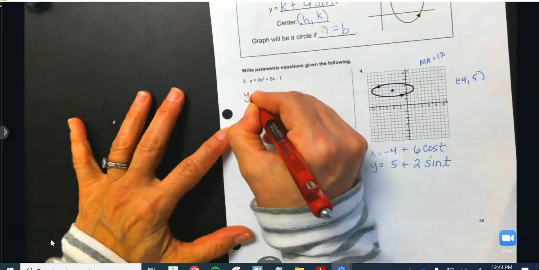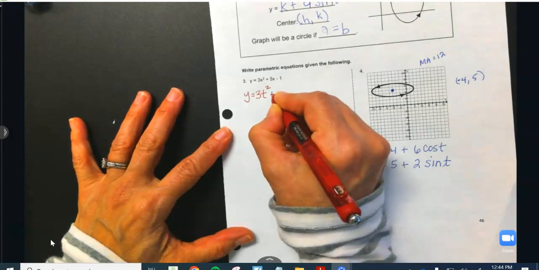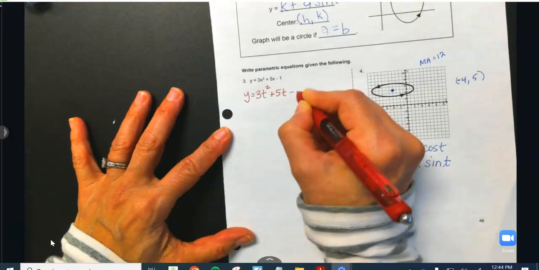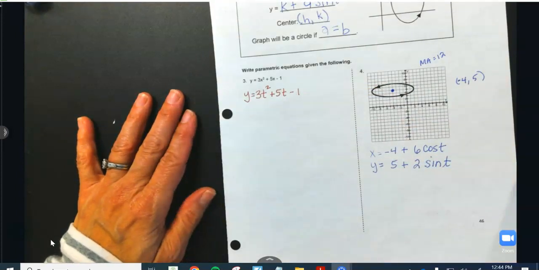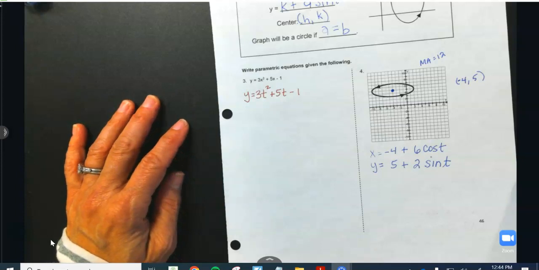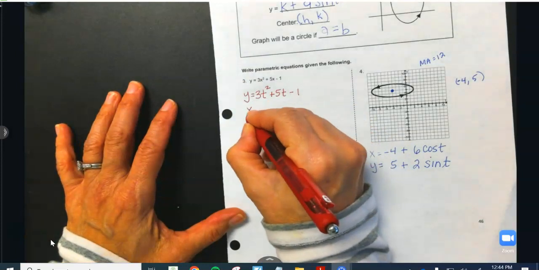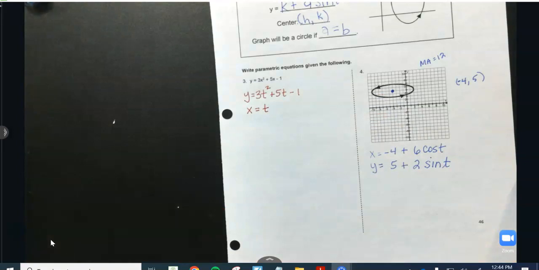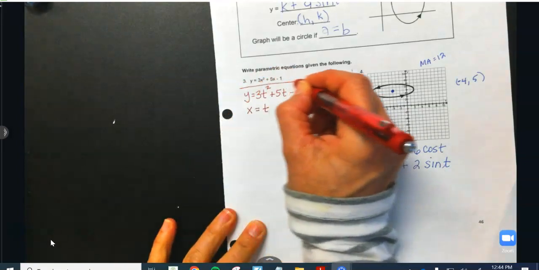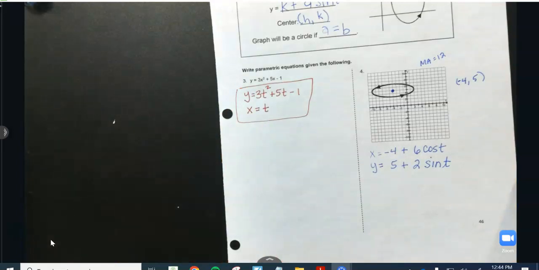You just replace the letter X with the letter T. Now remember, parametrics have more than two variables. I have two variables, but what did I just tell you? You replace x with the letter t. Boom! More than two variables. So this is your set of parametric equations. So when it's a parabola, you literally just do that. That's it.